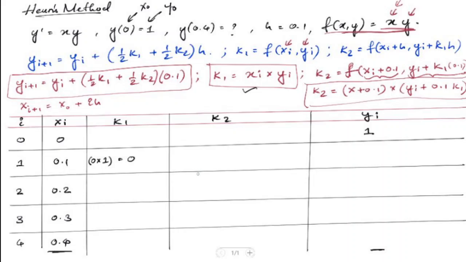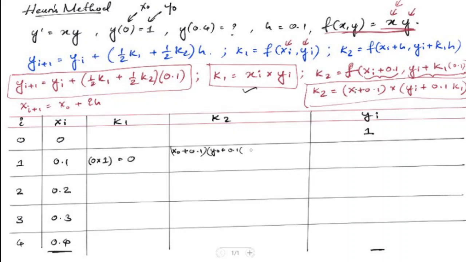And then for k2 now, it's supposed to be x_i here, so basically the previous x, which is x0. So we'll have x0 plus 0.1 times y0 plus 0.1 times k1.